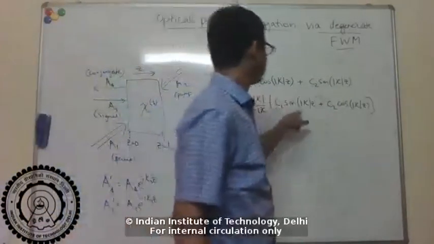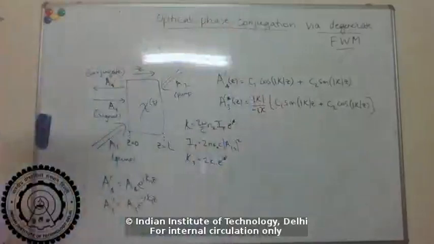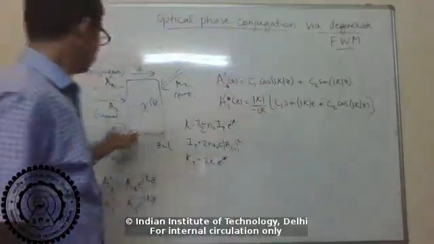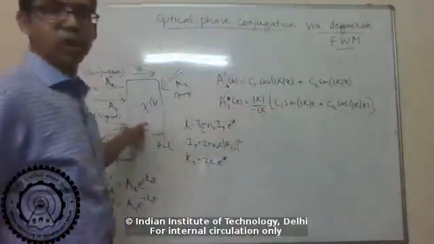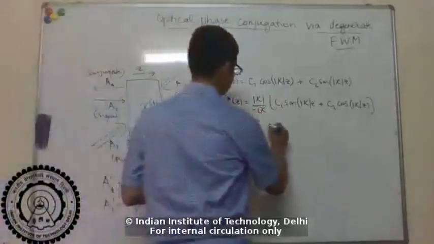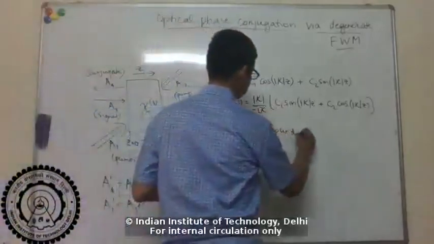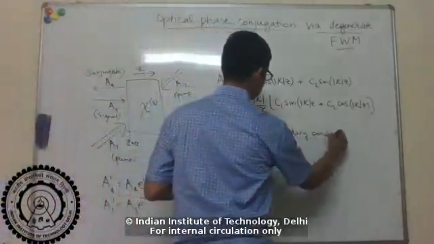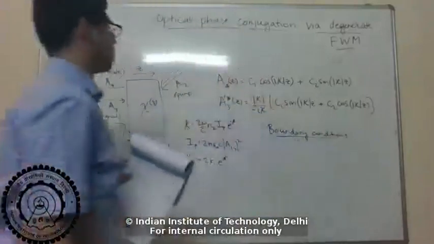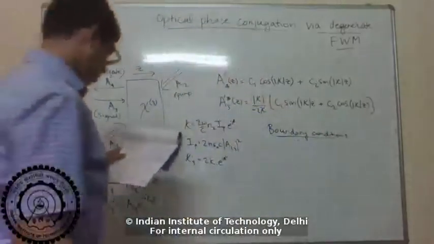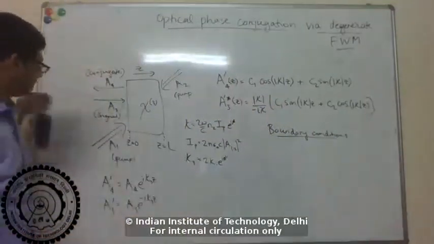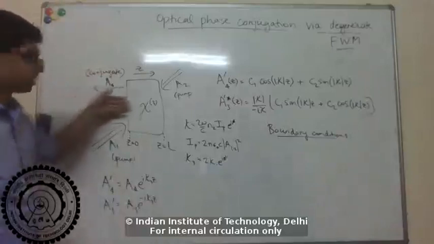Okay, so now the task is to solve. C1 and C2 are some general constants, and we would like to get values for those based on the boundary conditions we have. What are the boundary conditions? We send in our input beam, which is the signal, from the left.